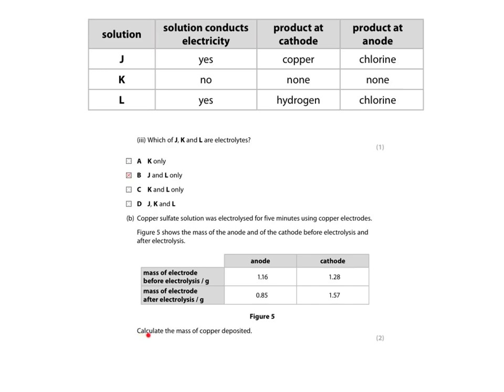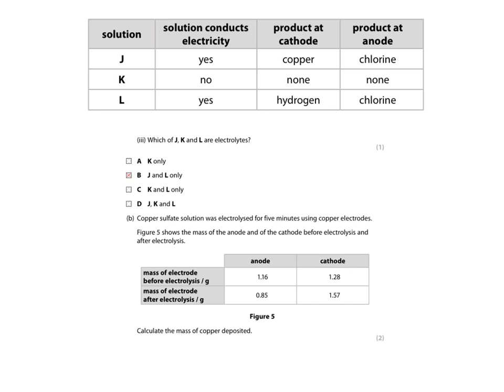It says calculate the mass of copper deposited. Deposited means left on. For the anode, the copper has actually been removed. For the cathode, you can see the mass has increased. So therefore, copper must have been deposited, must have been left on. So we need to calculate how much copper has been deposited, so how much has been added. So we need to find a difference.